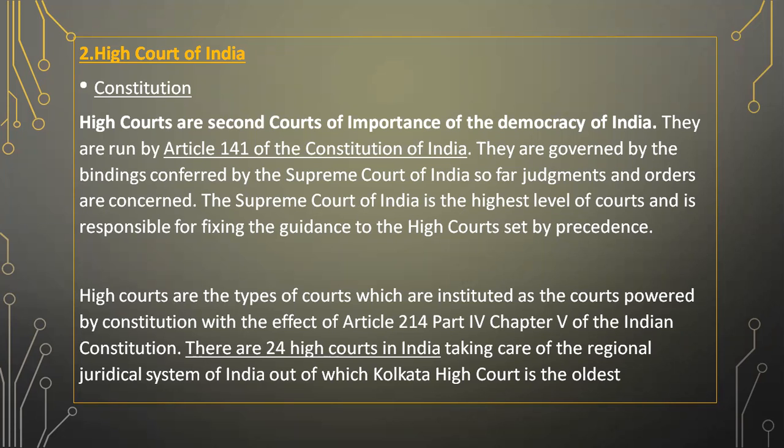Next, high courts are the types of courts which are instituted as courts empowered by the Constitution, with the effect of Article 214, Part 4, Chapter 5 of the Indian Constitution.